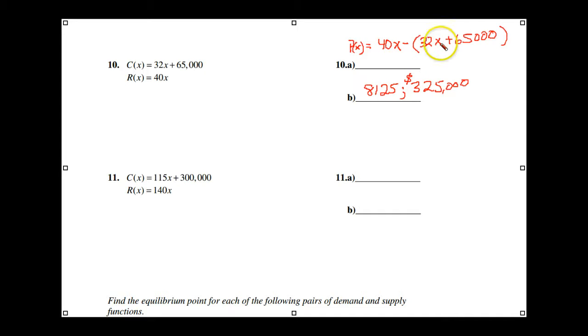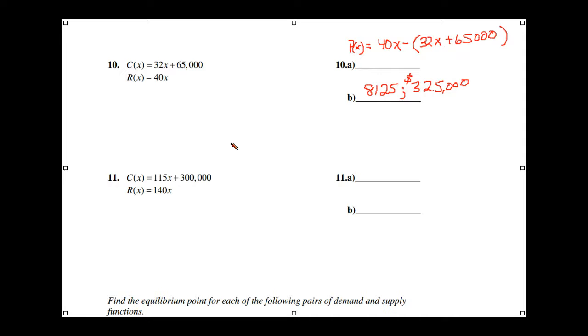And our break-even point is at this many units and at this amount of sales. Okay?